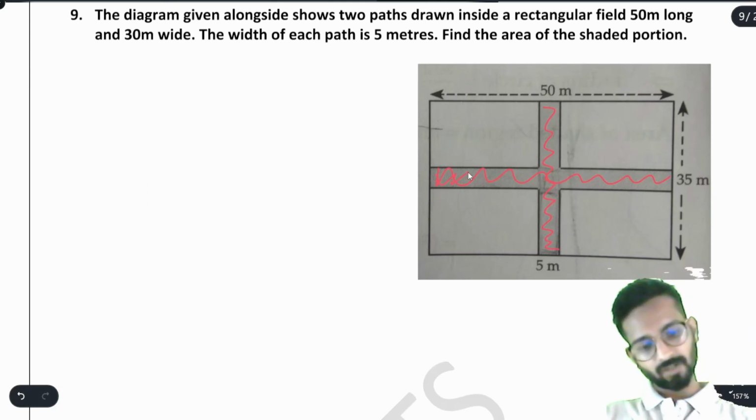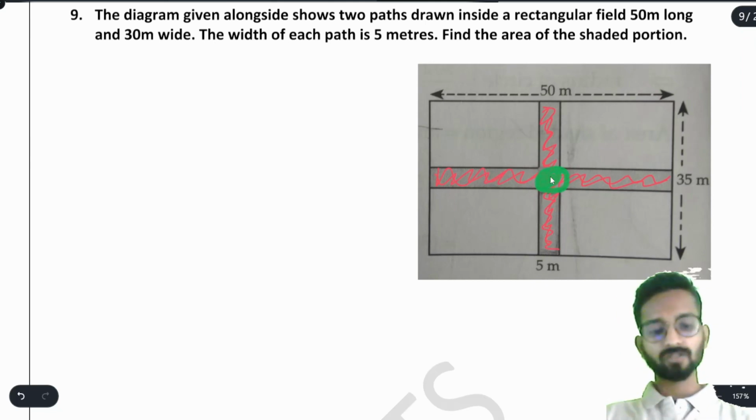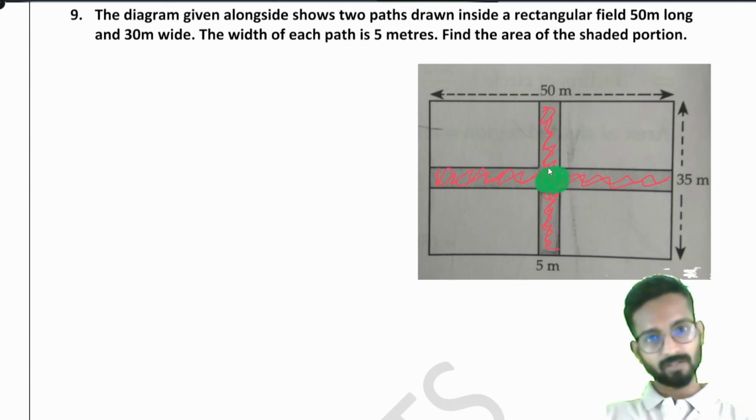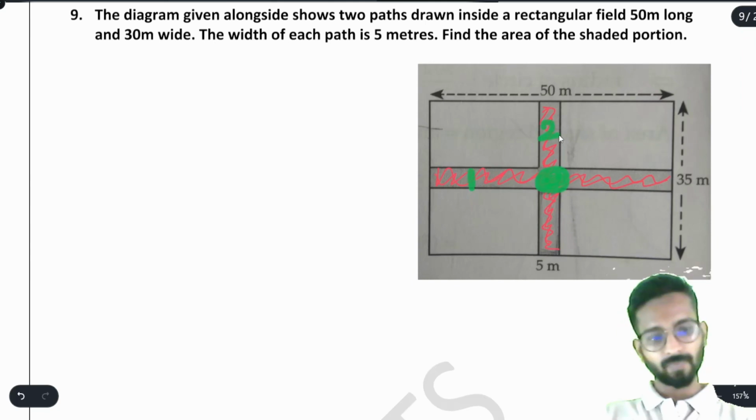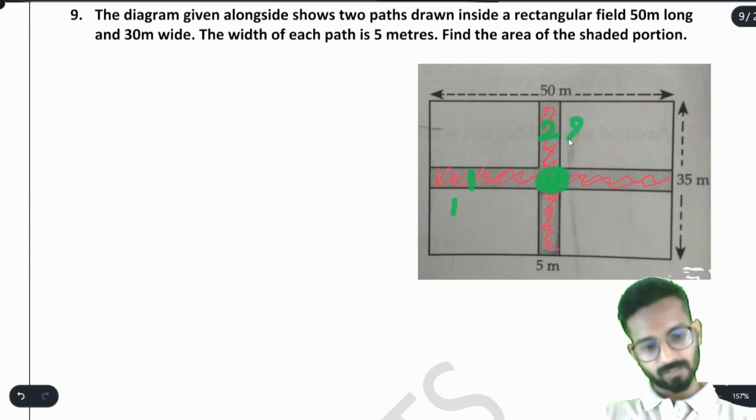First we will find the area of this particular portion, add in this vertical portion, but from that you have to minus this portion. Why do you have to minus it? Because this will be added twice. When you are adding both the paths, this area is common, it means this area is added twice, so we have to remove this area. So to make it easy for us, I am naming this path 1, this path 2.